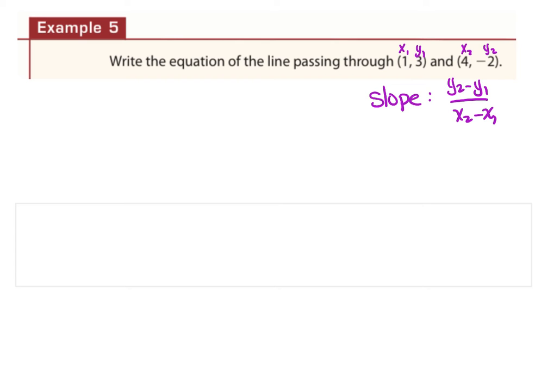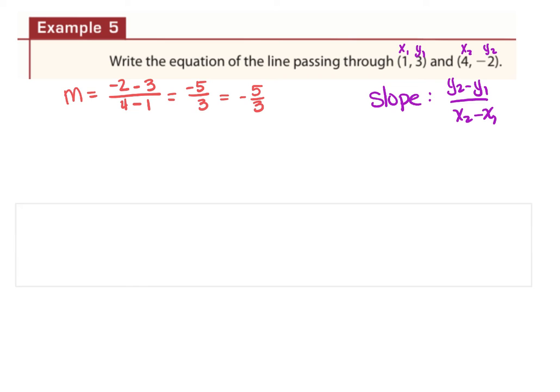It doesn't matter. So to solve for my slope, or my m, I'm going to say y2 minus y1 over x2 minus x1. So I have negative 2 minus 3, that's negative 5. 4 minus 1 is positive 3. So my slope is negative 5/3.